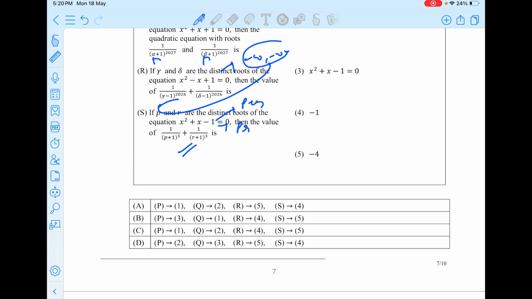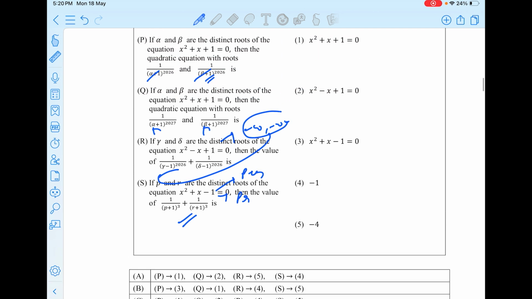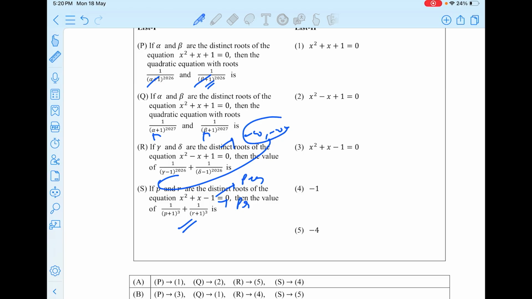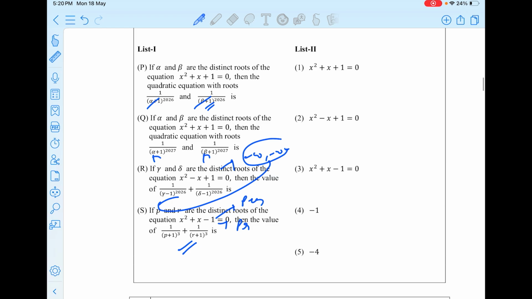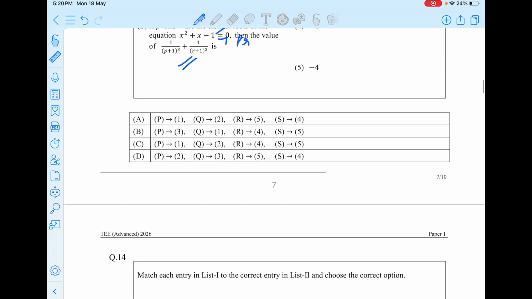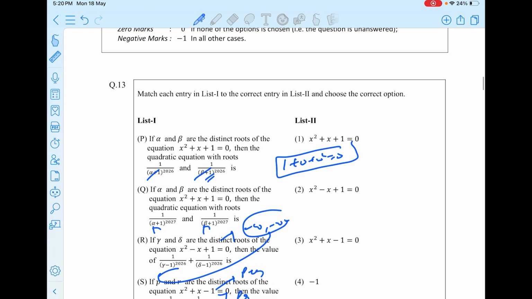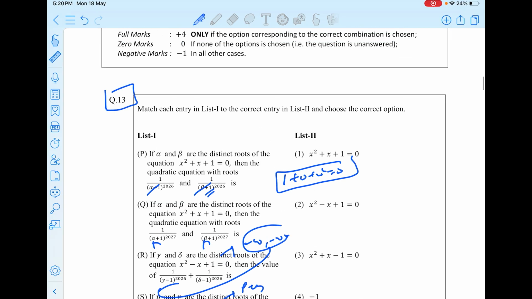But I think there is no need to solve till the S part. If we solve any first three, we'll get the answer, and the first is very easy because of the 1 plus omega square is 0 concept, cube root of unity. So this was a very easy question, it was doable. So how many marks? This will be 4 marks.